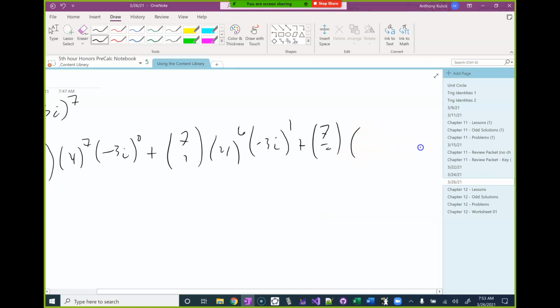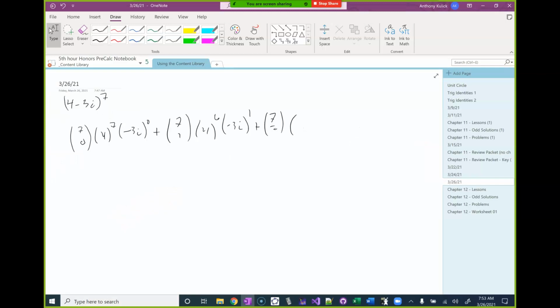And it keeps on going, there's going to be 8 terms. You can do it that way, but good Lord, I wouldn't want to. Or you could literally FOIL it out, but you're going to be doing 8 multiplications, which also sucks a lot.